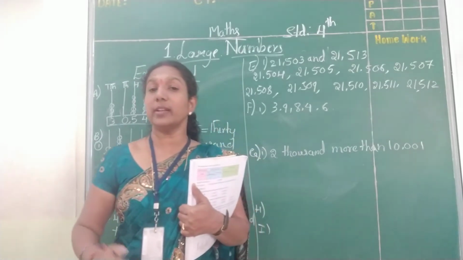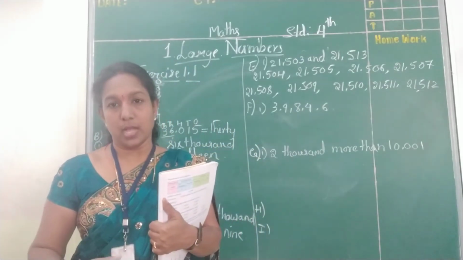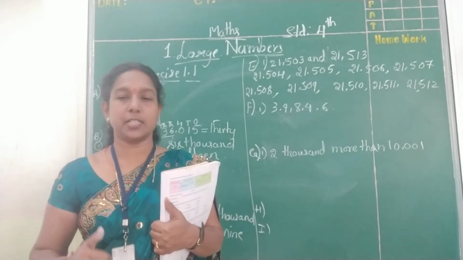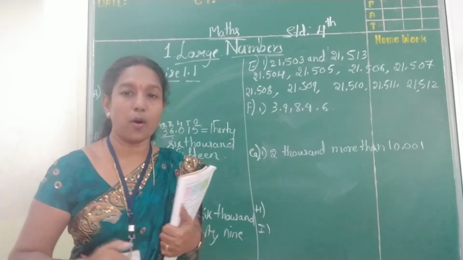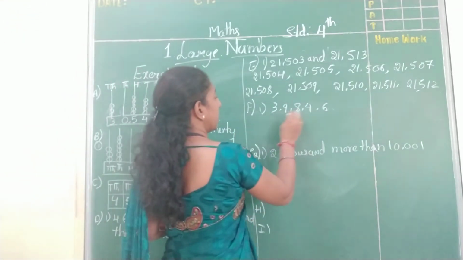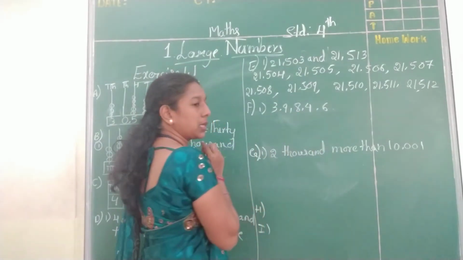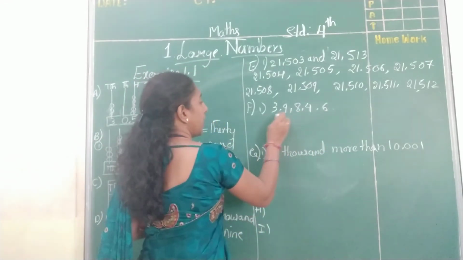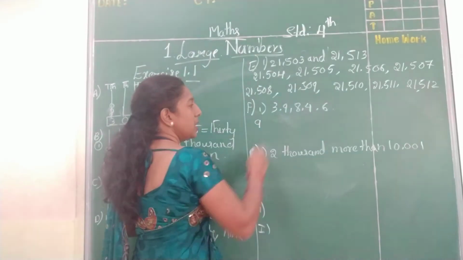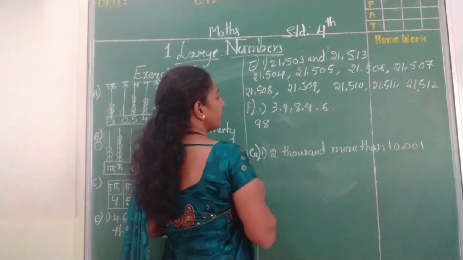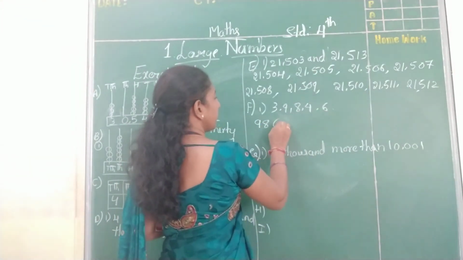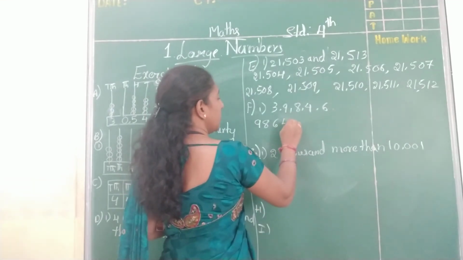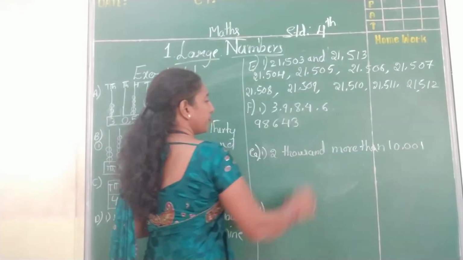So what we call that? That is the decreasing order. So we have to arrange these digits in the decreasing order. Which is the greatest digit here? 9. So first I will write 9. Next is 8. Next is 6. Next is 4. And then the last one is 3.